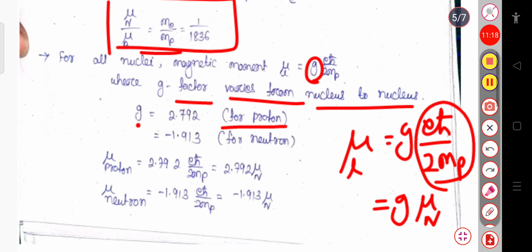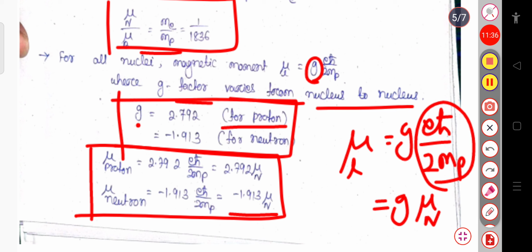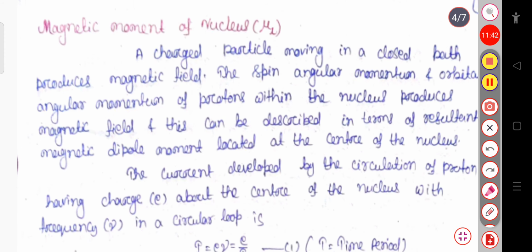Since this EH bar by 2 mp is your mu N, the nuclear magneton, this is simply minus 1.913 into mu N. So these are some important relations for the proton and neutron. The G factor is also important: it is 2.792 for the proton and minus 1.913 for the neutron. So this is all about the magnetic moment of the nucleus.